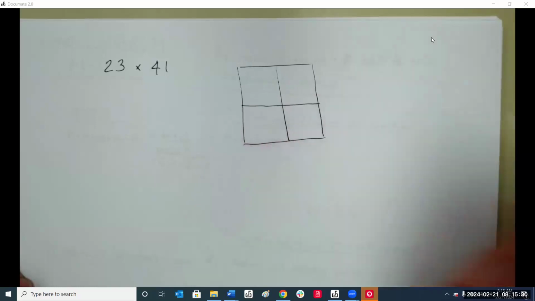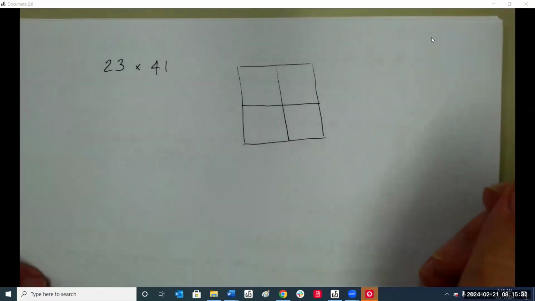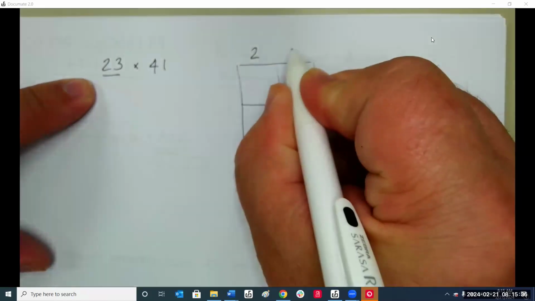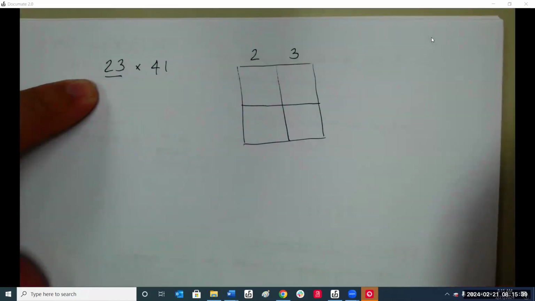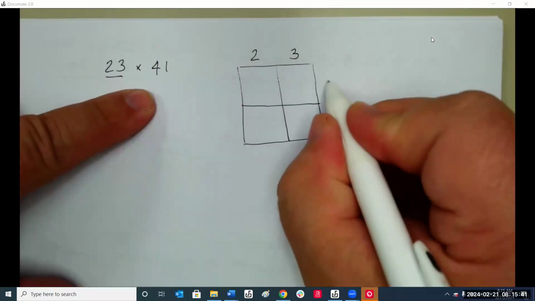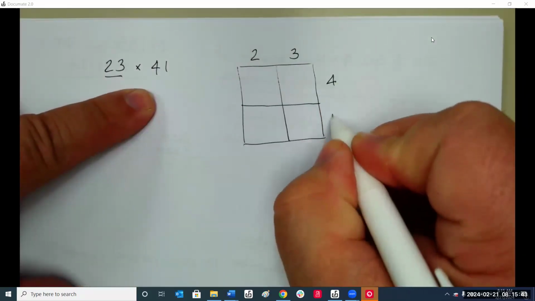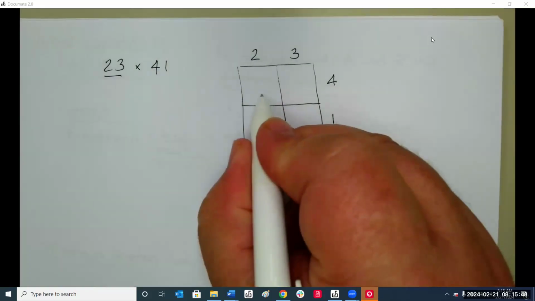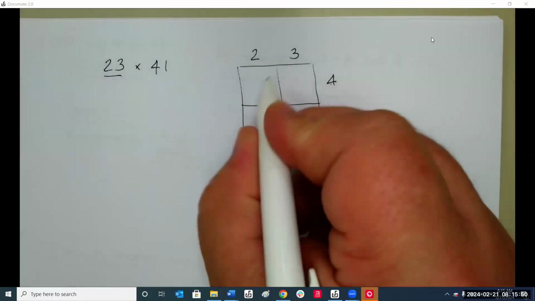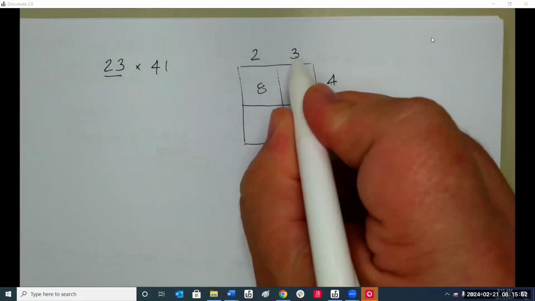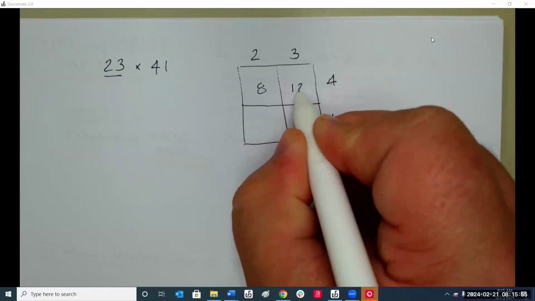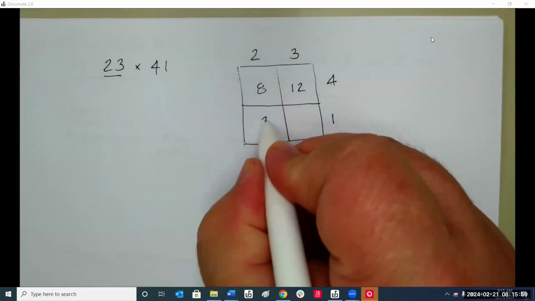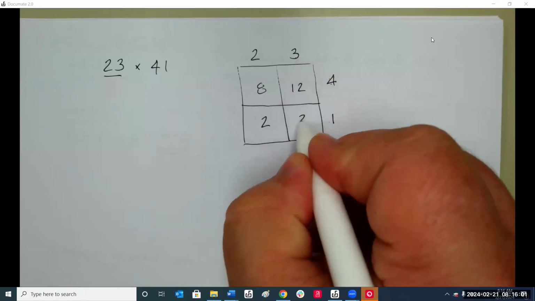Because by now they have to know how to multiply the smaller numbers. So the first number, 23, there's the tens, there's the ones. 41. So 2 times 4 is 8. 3 times 4 is 12. 2 times 1 is 2. 3 times 1 is 3.